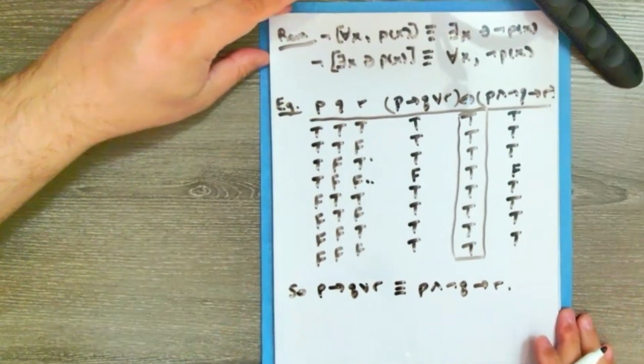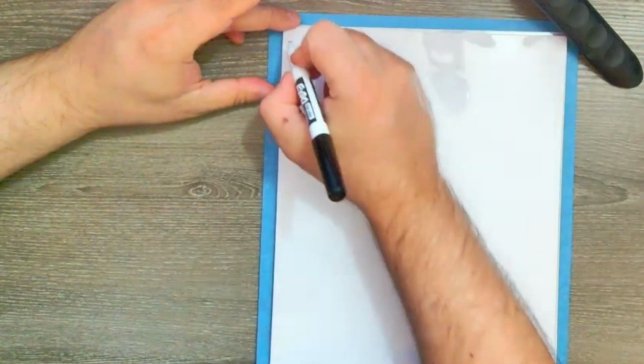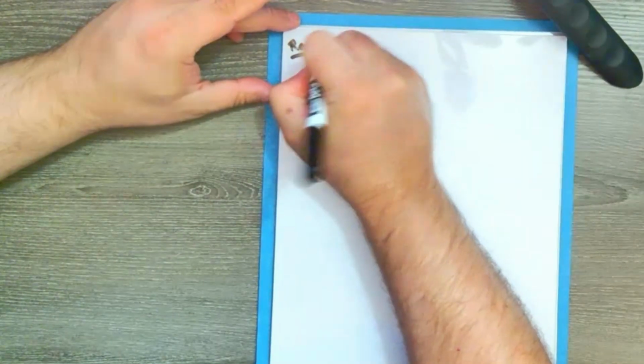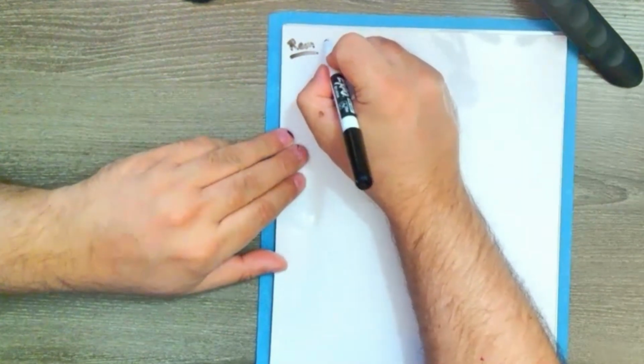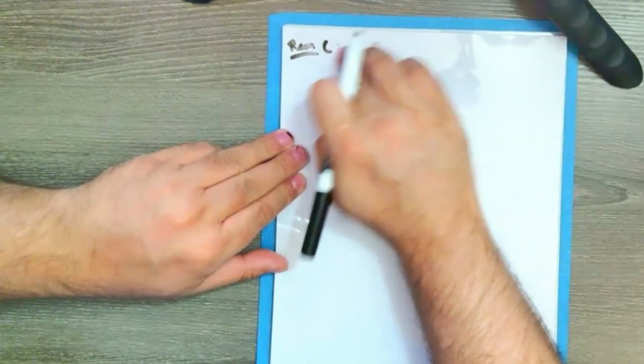And once again, this logical equivalence is the basis of a technique of proof known as the alternate proof by cases.